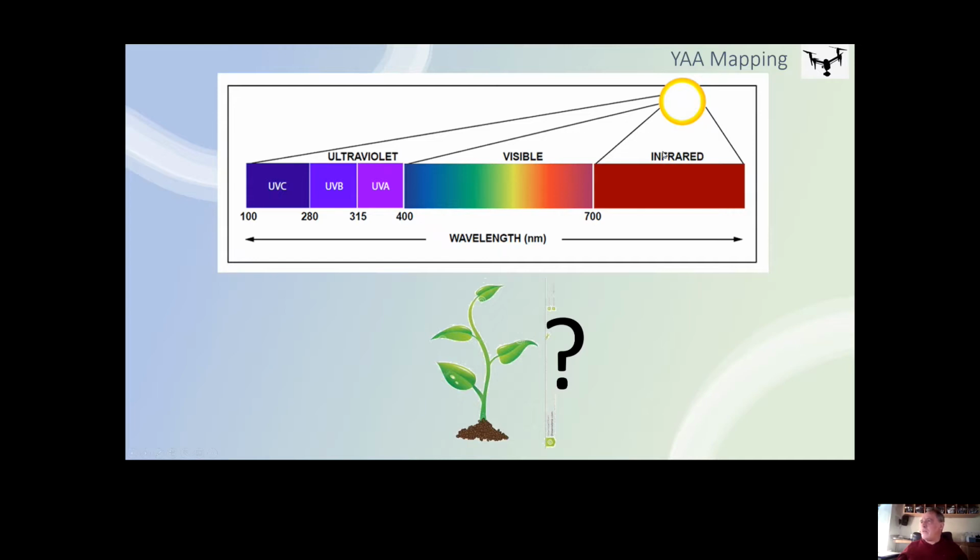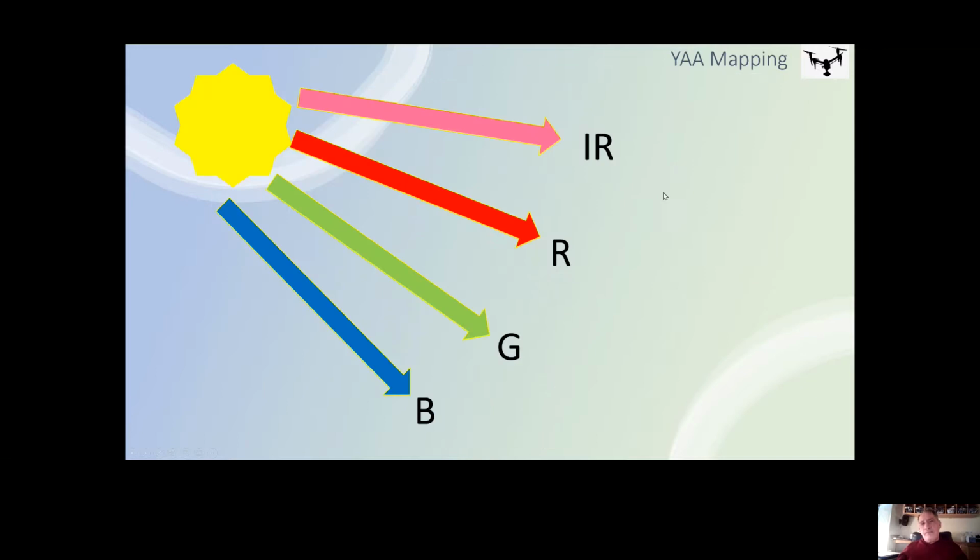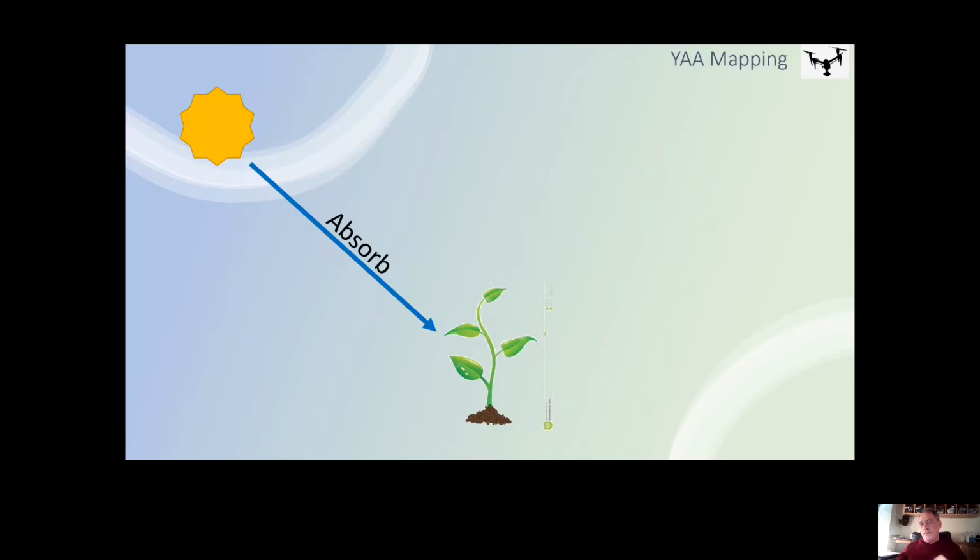700 to 800 nanometers is the near infrared, and this is a very important, very small zone of light, because plants absorb the blue for photosynthesis, they absorb red also for photosynthesis, so they like blue and red, and they're absorbed into the plant and used in its biology.